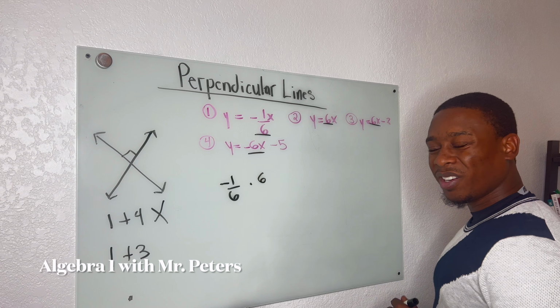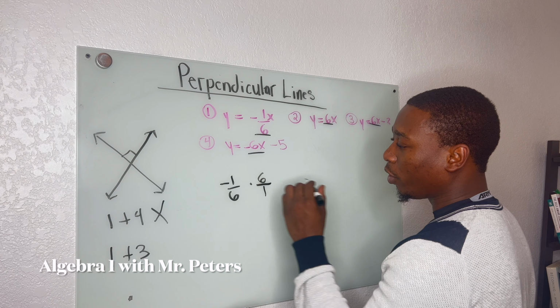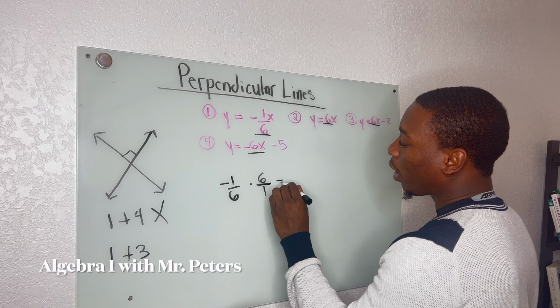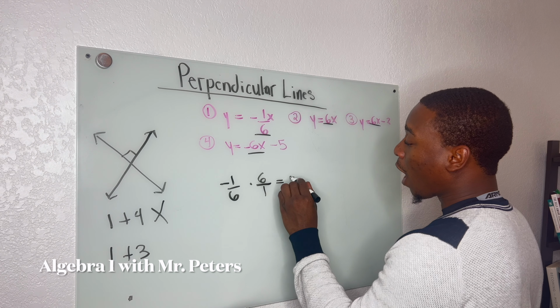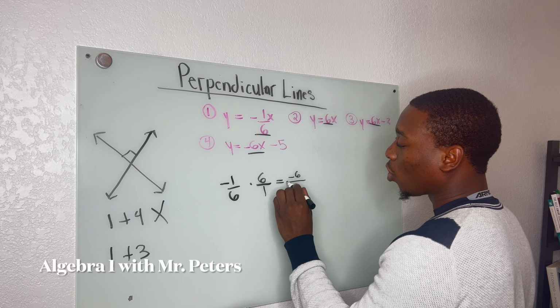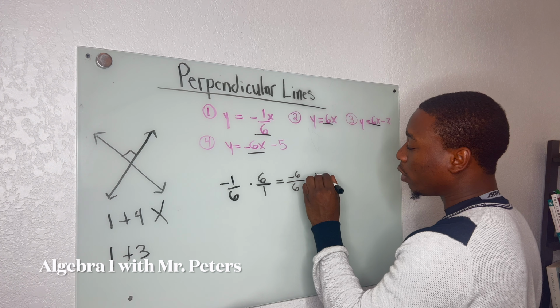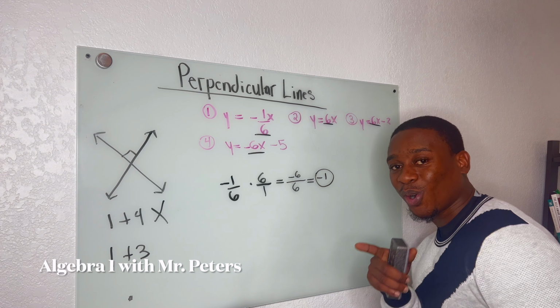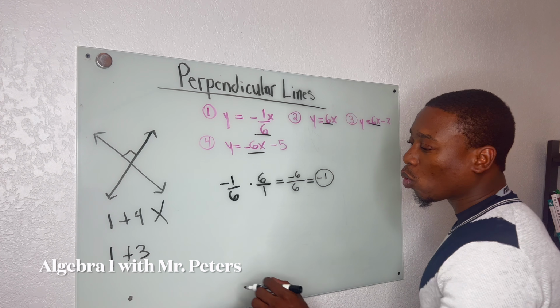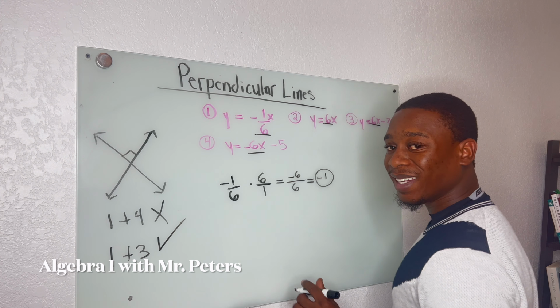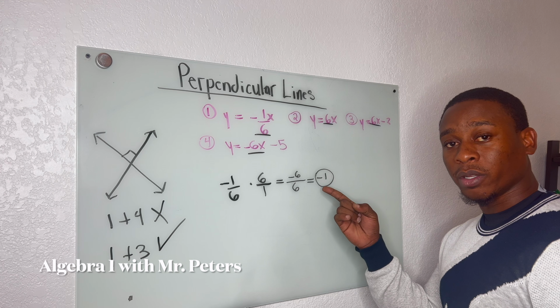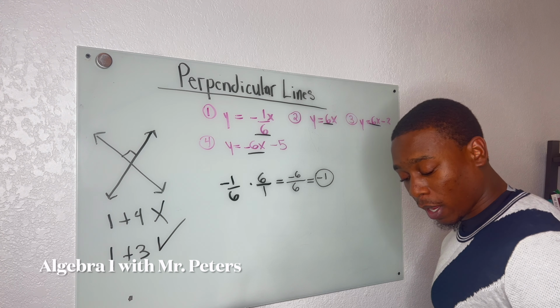And so we're going to just make it a fraction by putting it over 1. And when I multiply straight across, I'm going to get negative 6 over 6, which simplifies to negative 1. So I think equation number 1 and 3, these would be perpendicular because it fits that criteria, opposite reciprocals, okay?